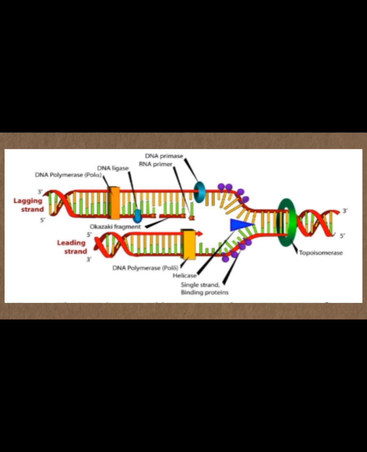The Okazaki fragments are synthesized by DNA polymerase along the lagging strand as the replication fork moves. For step 3, the Okazaki fragments are joined by DNA ligase. This results in two new DNA molecules, which we can see on the left side.